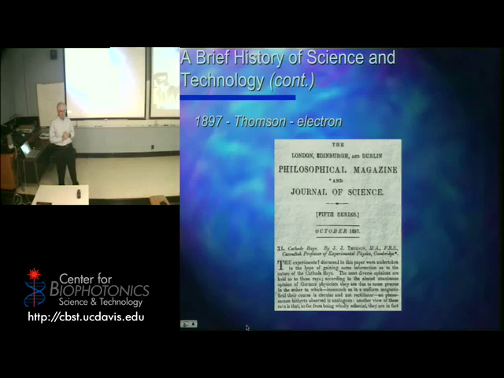He was accelerating electrons into a vacuum, into something that looked very much like a television tube, and then observing on the screen what was occurring, and sorted out that those particles being accelerated that were creating the phenomena on the screen were basically negatively charged particles that had to be components of the atom. And so it really opened up the whole idea of particle physics.